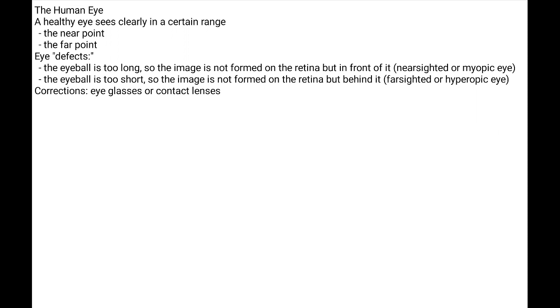So to correct eye problems, we use glasses or contact lenses. And for the nearsighted eye, let me draw the nearsighted eye here. Actually, I'll start with a healthy eye. So this is the healthy eye.